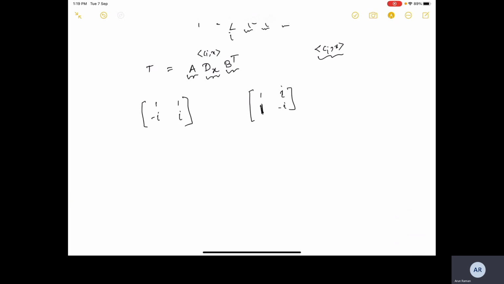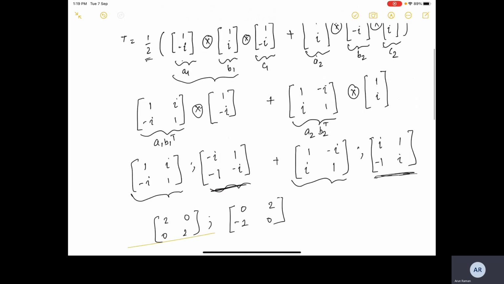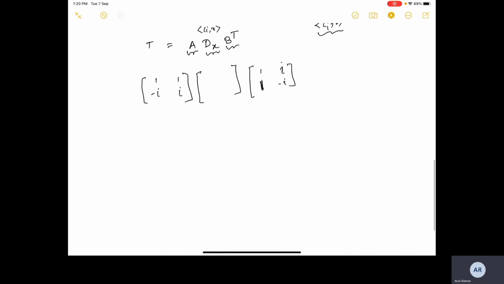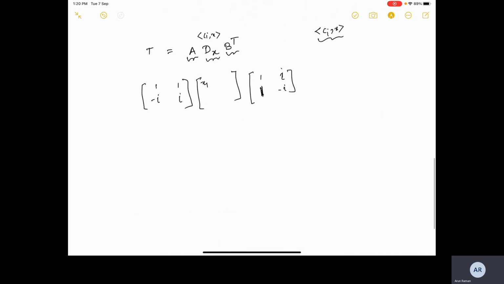And our diagonal matrix is just c_i times x. Our first c_i was 1 minus i, so we will have x1 minus i x2. And our second was 1 comma i, so we will have x1 plus i x2. So we will have x1 minus i x2, 0, 0, and x1 plus i x2.